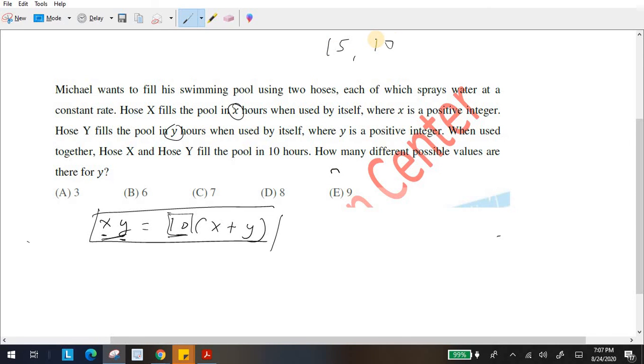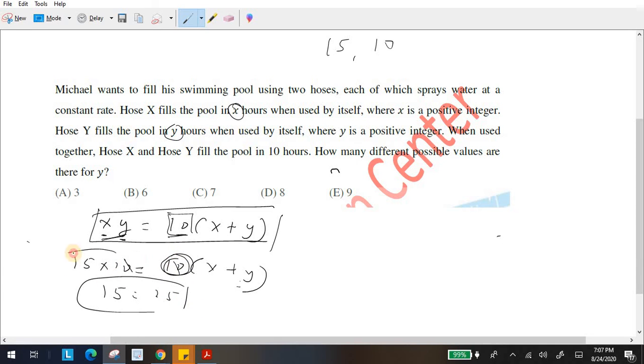But you need to be careful: 15 into 10 equal to 10 into (x plus y), so 15 equal to 25. That's not going to give it, right? It should carry 10 whenever you multiply. It can be 5 into 2, that is one possibility, but we know that it has to be greater than 10. So it can be 12, it can be 15. Okay, got it.